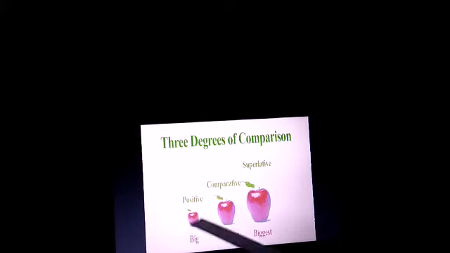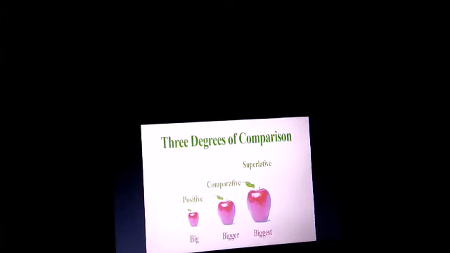First is an apple, second also an apple and third also an apple. Their sizes are different because comparison means the words we use to compare things, persons or animals, anything. An apple is big. Compared to this apple, this one is bigger, comparative, and the third, the biggest, superlative.